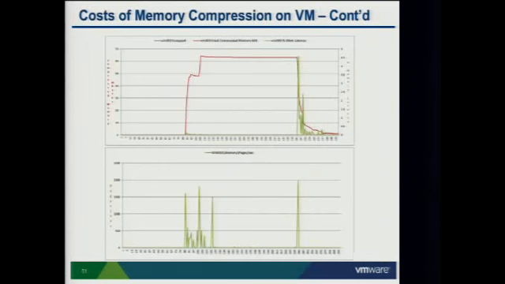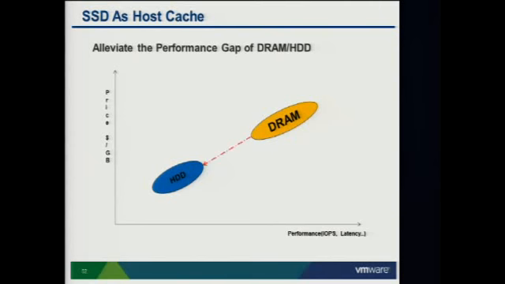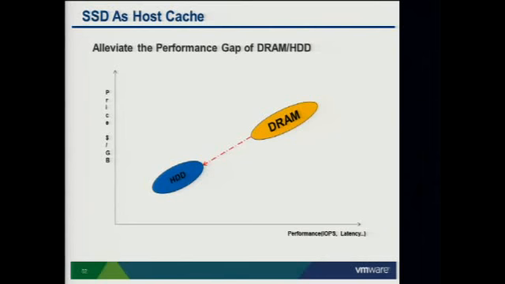Now let's see how we can use SSD to reduce the impact caused by the hard drive. We know that if we have to swap to disk, because of the big performance difference there would be the biggest performance impact, as you have already seen. And with SSD, we all know SSD is much faster and doesn't have the latency like the hard drive.